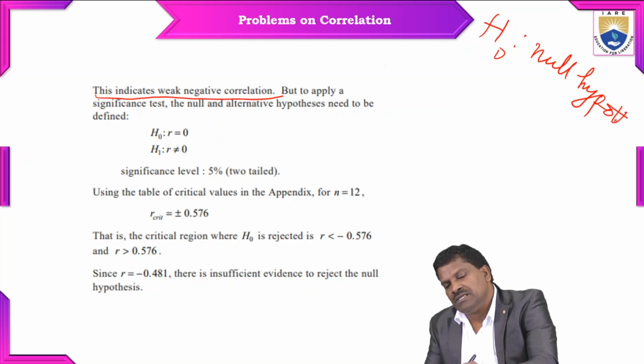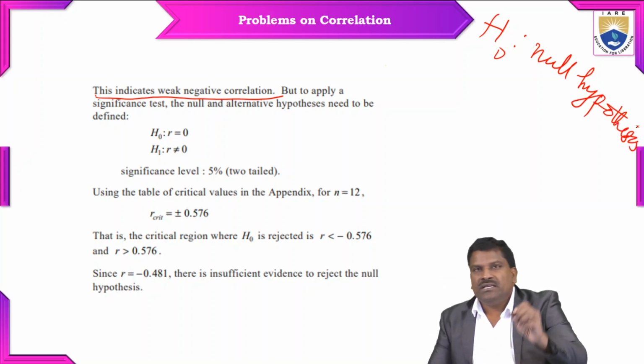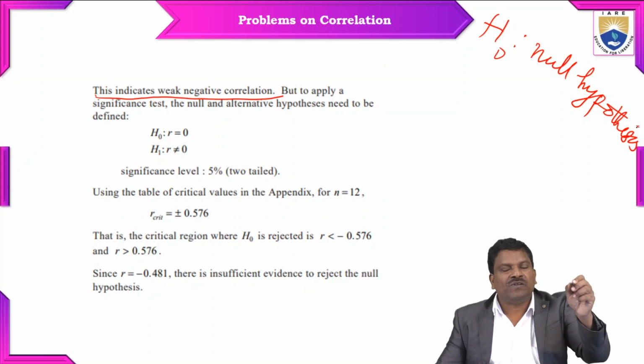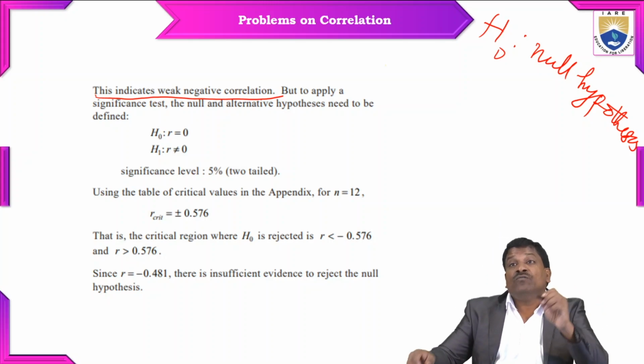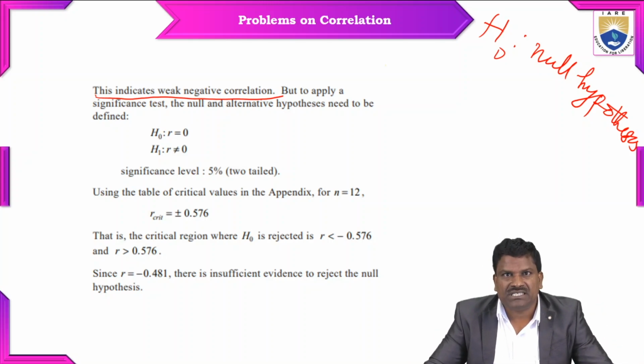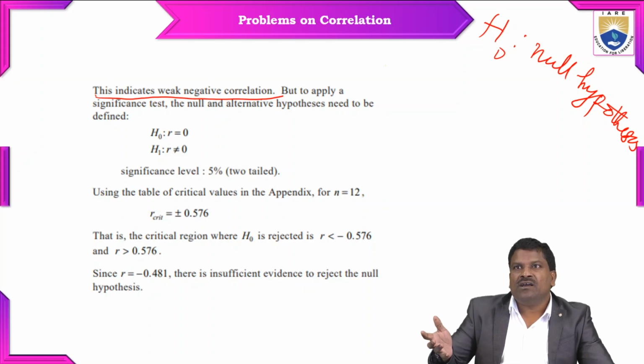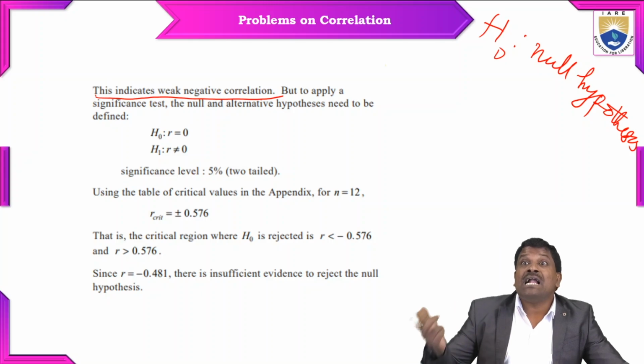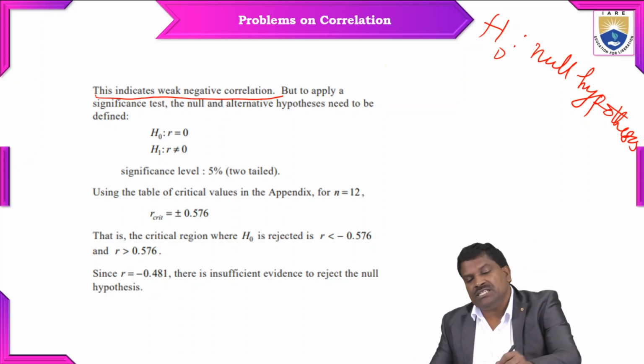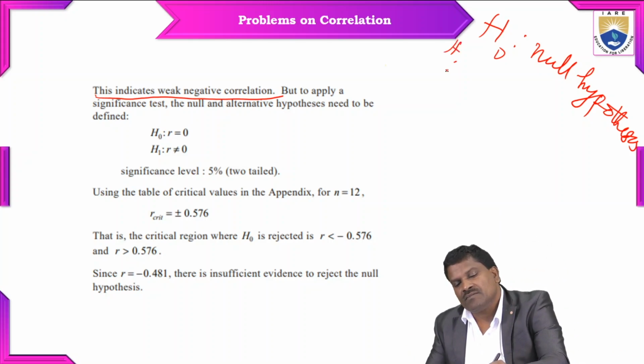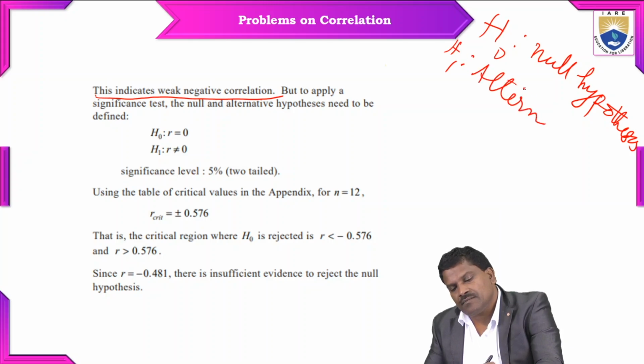Null hypothesis means whatever actual statement is given in the sum, that we take as null hypothesis, H naught. In reverse to that, we will assume one more hypothesis. It is called alternate hypothesis. It is denoted by H1. H1 is called alternate hypothesis.